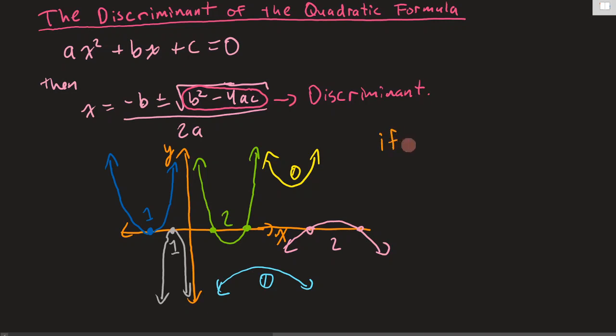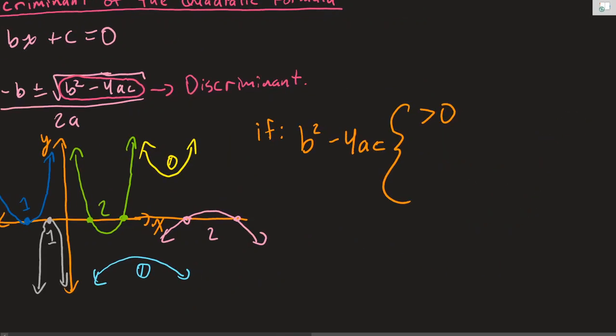So if b squared minus 4ac is greater than 0, then you have 2 solutions.